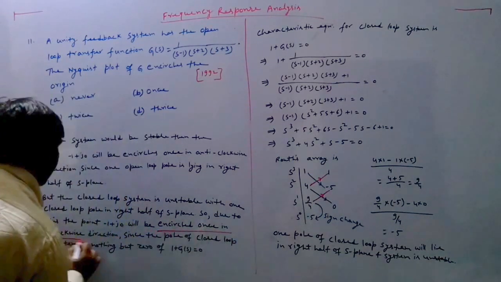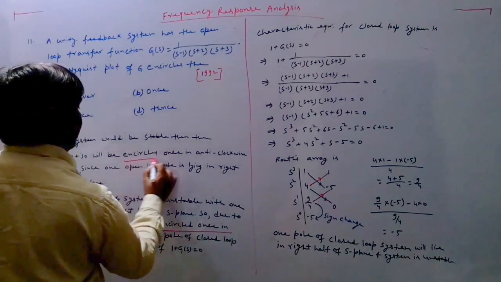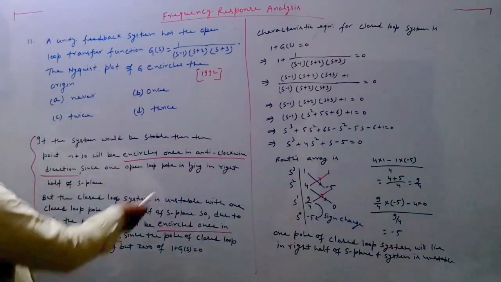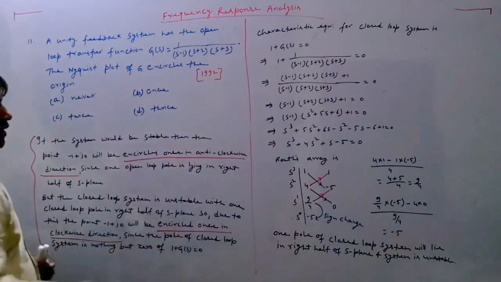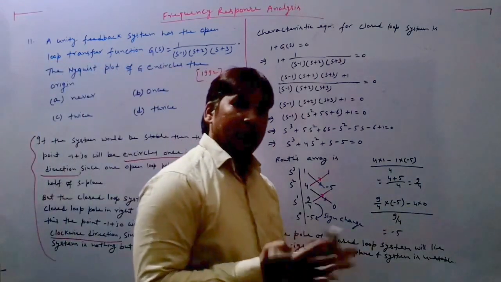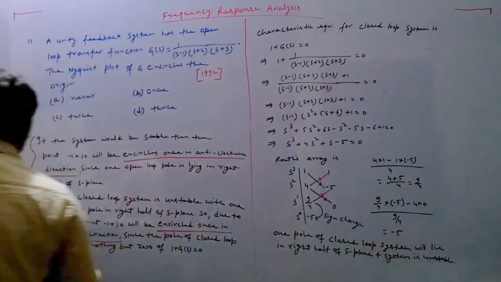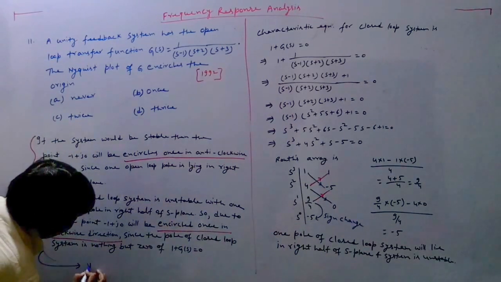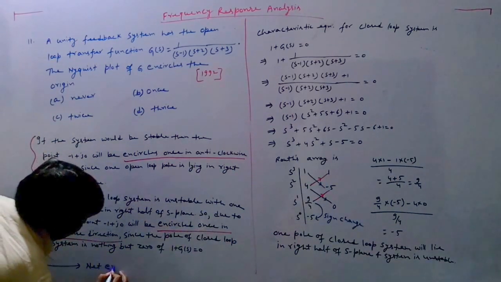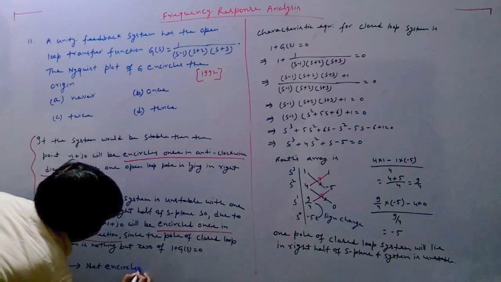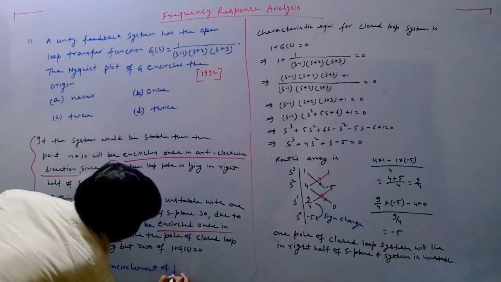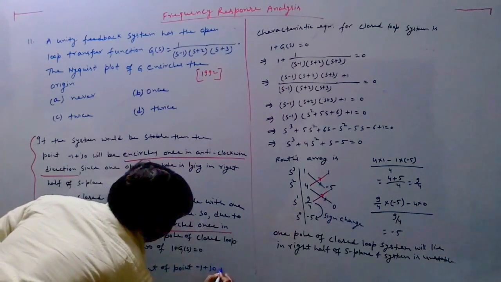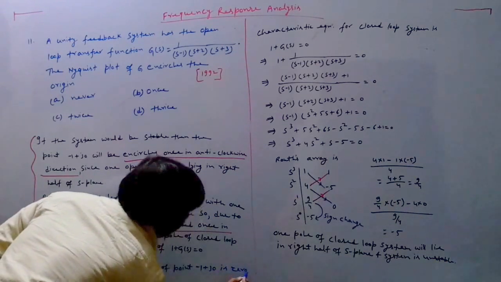So the net encirclement will be 0, which means there is no encirclement.